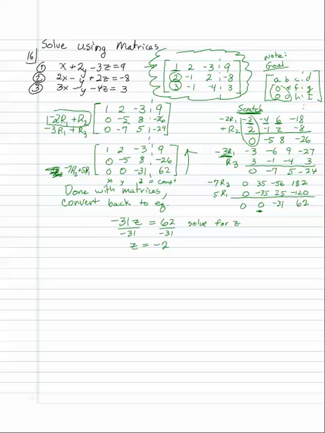Now this is row 3. Now from row 2, see I'm going up. I know negative 5y plus 8z equals negative 26. So I'm going to substitute that in.